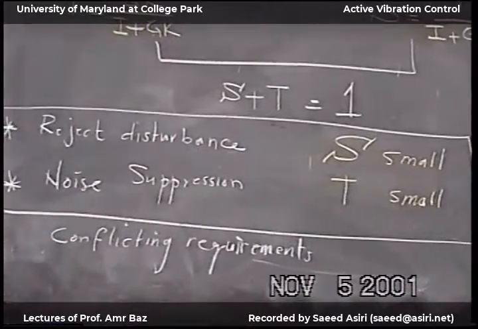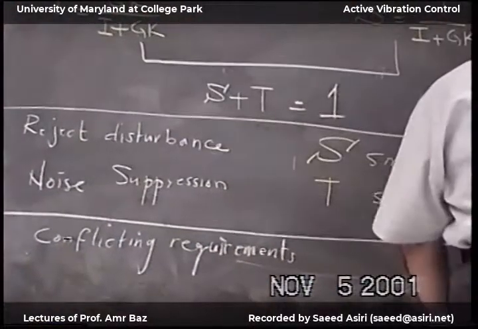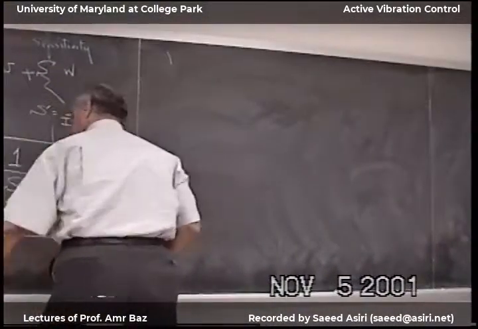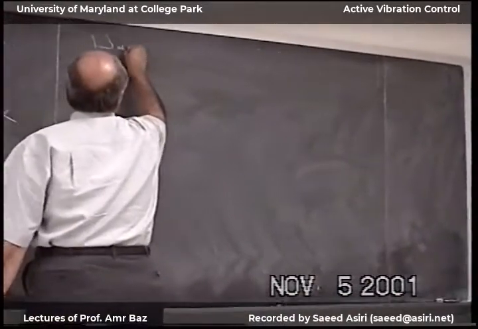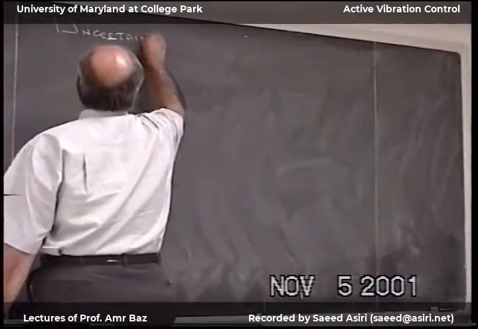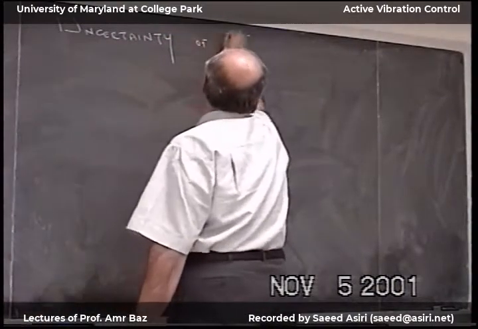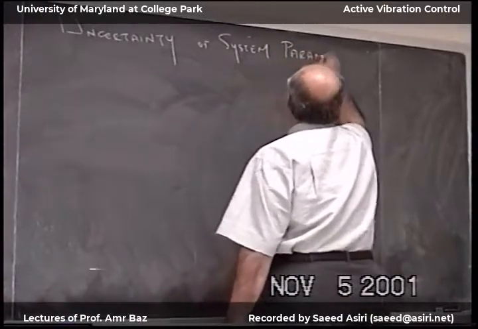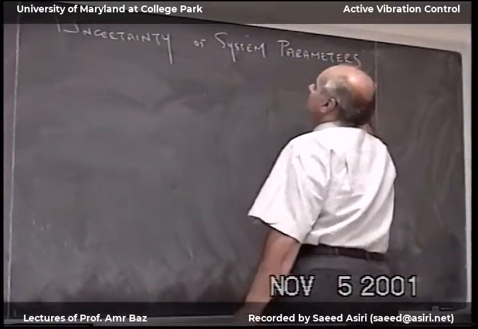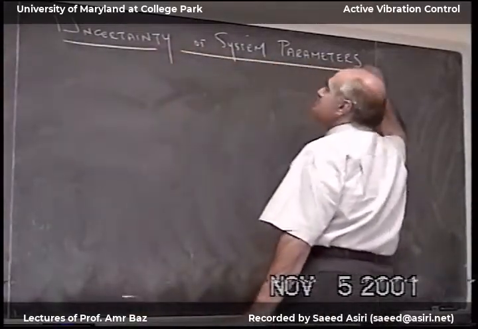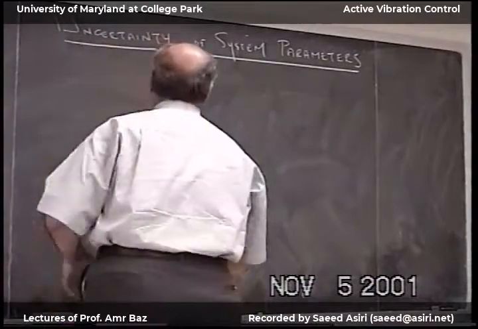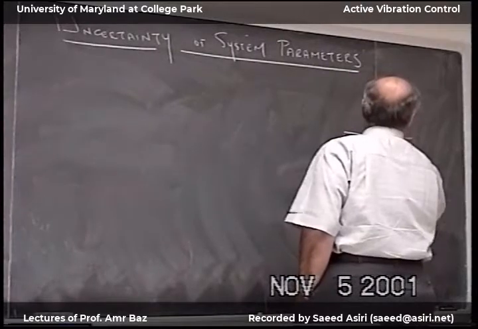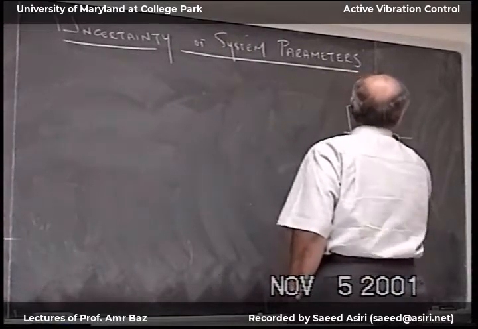Okay, then now we took this and we looked at system uncertainty. We looked at one configuration, which is the multiplicative uncertainty.